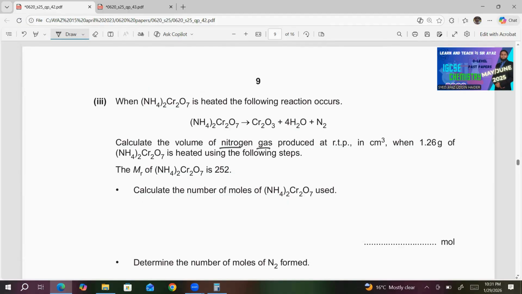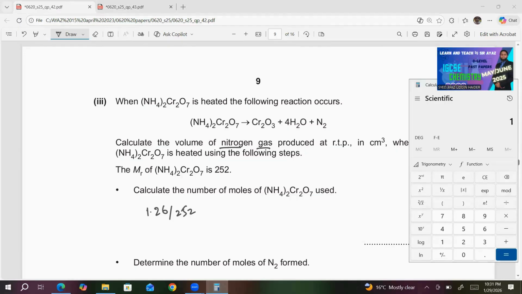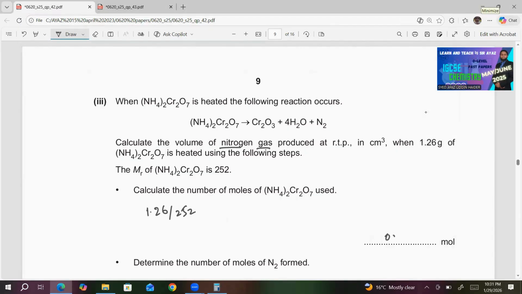So in order to find the number of moles, we need to divide the mass of (NH4)2Cr2O7 by its Mr. So 1.26 divided by 252. So what you will get? 1.26 divided by 252 is 0.005.